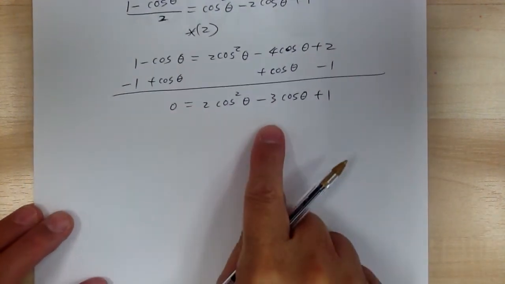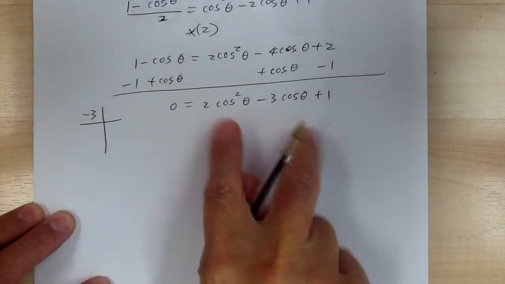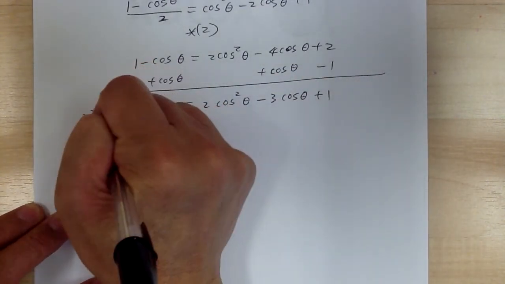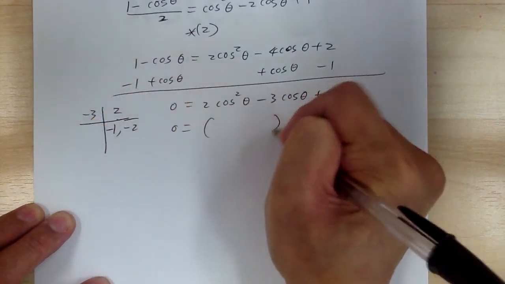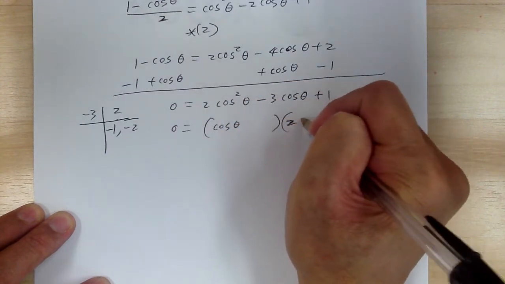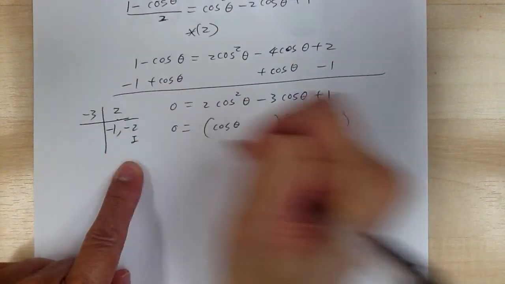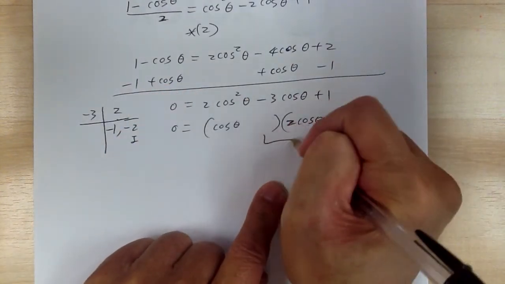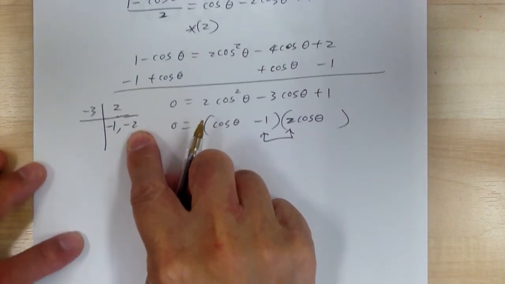Then I need to do the factoring, so use the master product. So this negative 3 and 2. So I need to use negative 1 comma negative 2. So I get cosine theta, 2 cosine theta. So this is going to be the inside, right? For your method, this is going to be the inside. So this would be minus 1. 2 times negative 1 gives me negative 2.